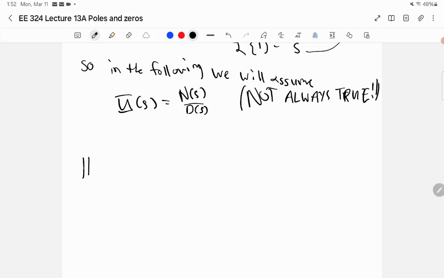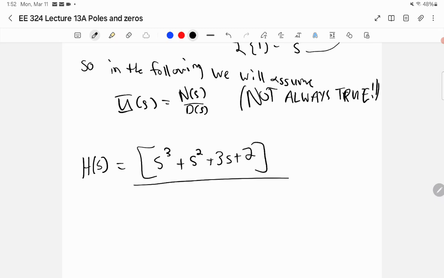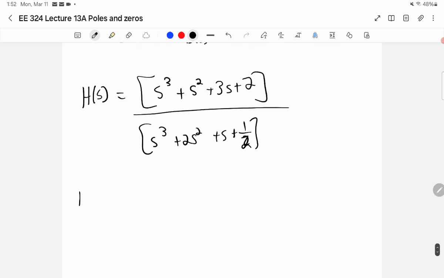So as an example, our transfer function of our original example here is s cubed plus s squared plus 3s plus 2 over s cubed plus 2s squared plus s plus 1/2. That's our transfer function.